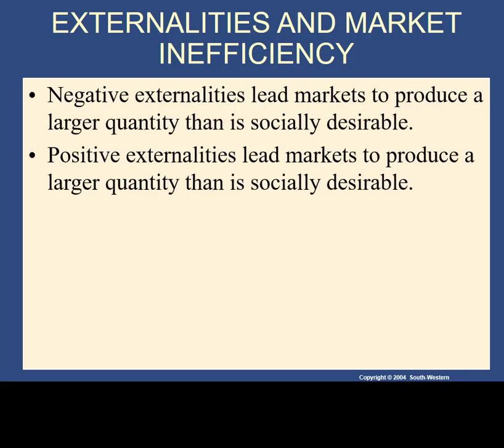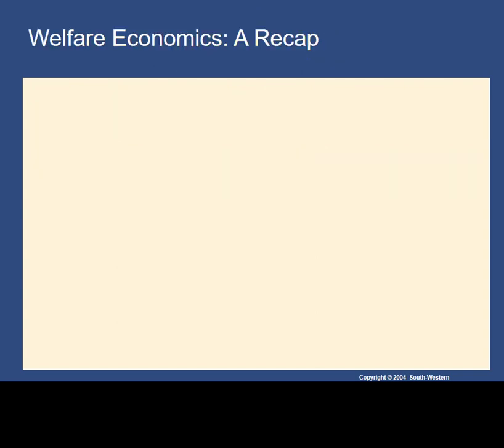So we can have a negative externality that leads the market to produce a larger than socially desirable quantity, so too much of the good, and a positive externality leads the market to produce. Actually, this slide is wrong. It should say too little of the good, a smaller quantity than is socially desirable.